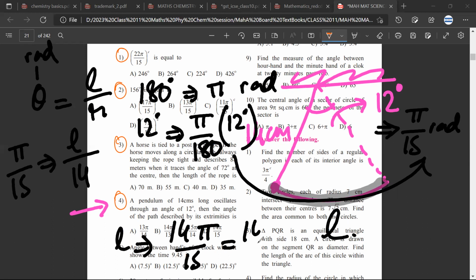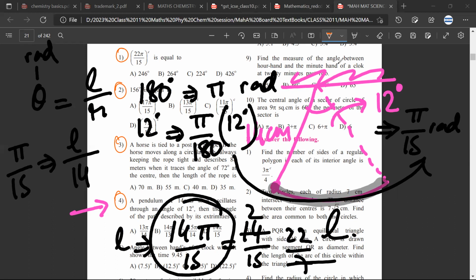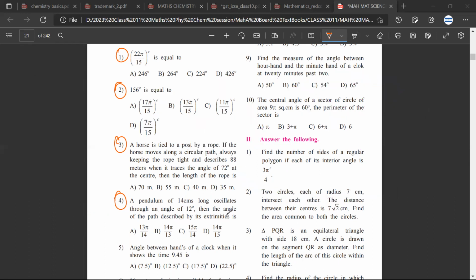We know that pi is 22 by 7, but the MCQ stops at 14 pi upon 15. So they want us to calculate only 14 by 15 pi. This is the final answer. D is the correct answer.